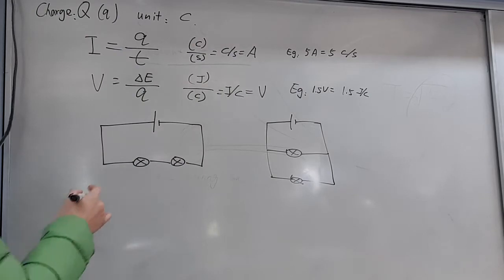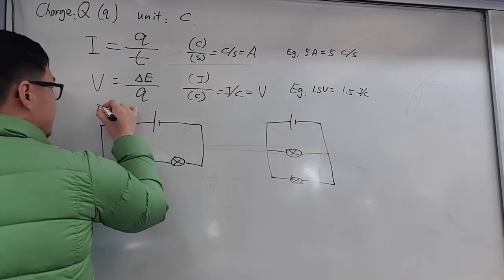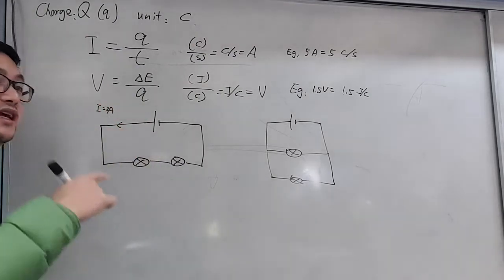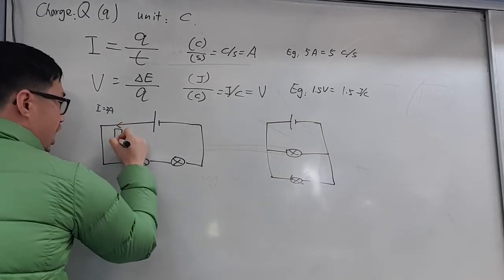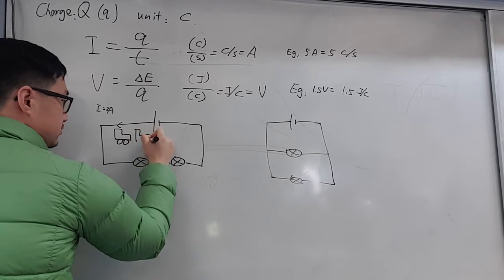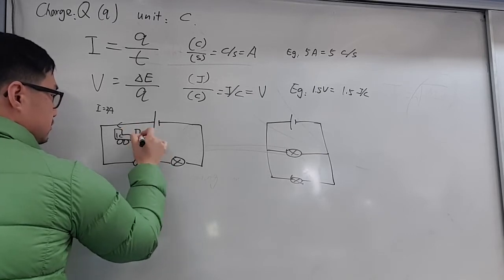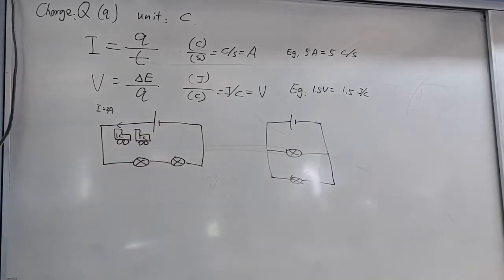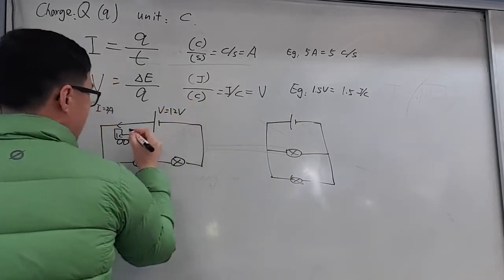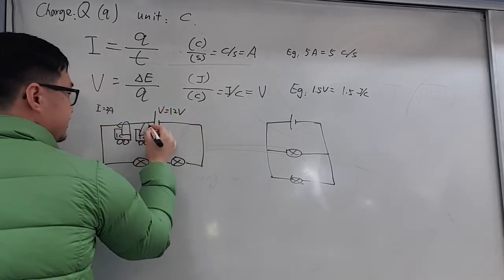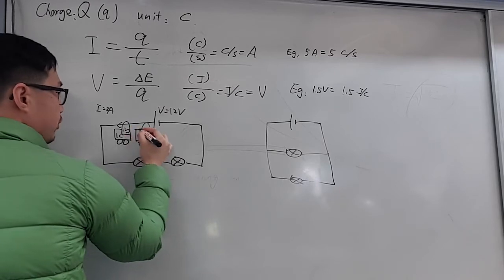Okay, when we have the two circuits, say if current equals 2 amp, that means in 1 second there's going to be 2 coulomb of charge coming through. Right? And then say if the voltage equals 12 volt, that means each one of these is going to carry 12 joule of energy.